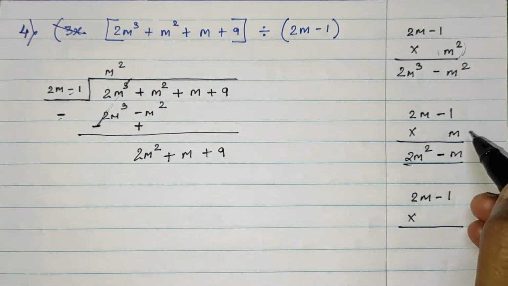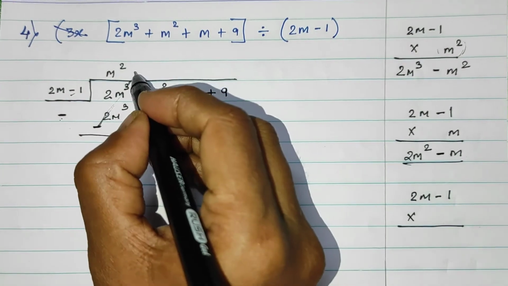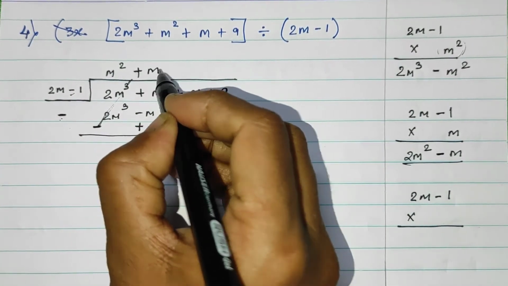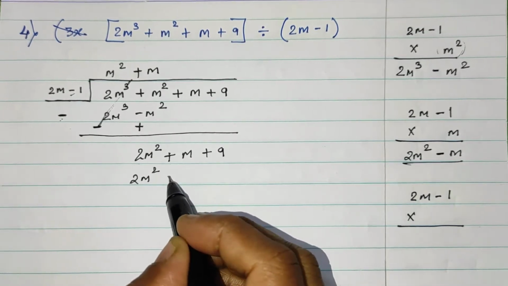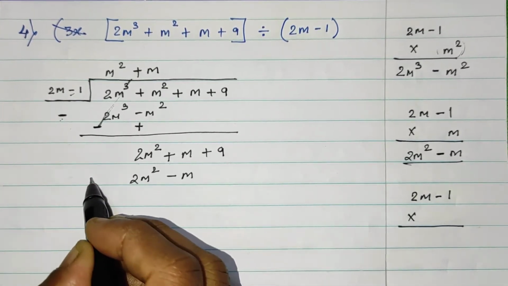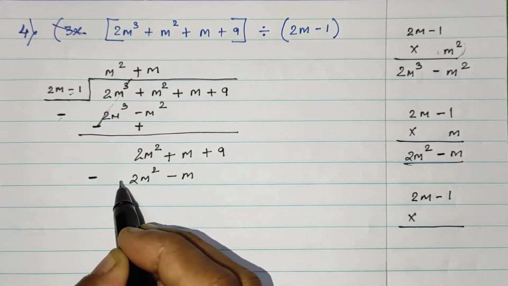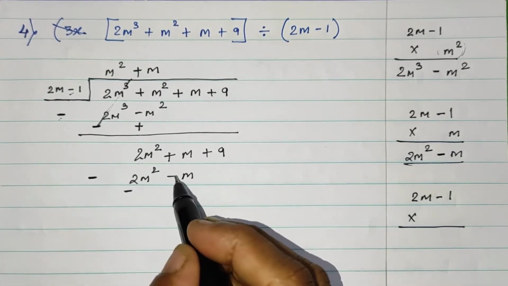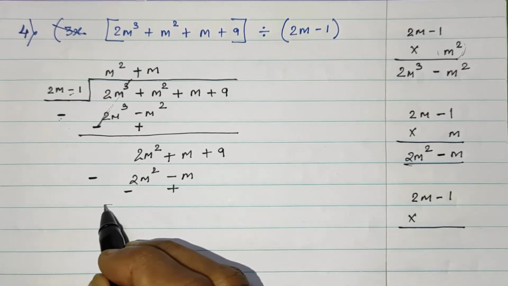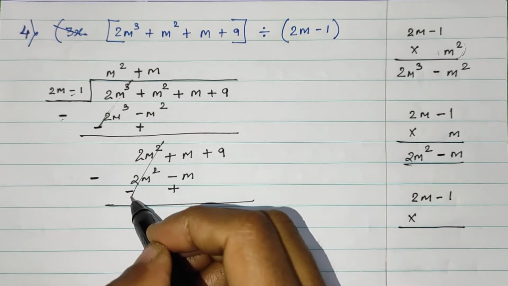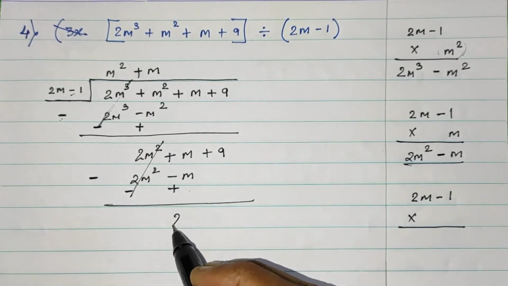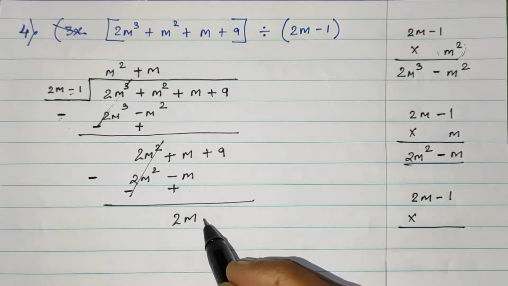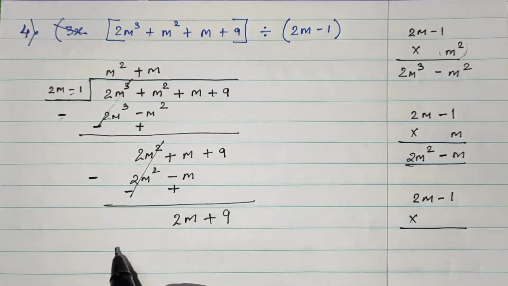Okay, so positive m multiply, you get 2m square minus m. So minus into plus, minus, minus into minus, plus. So this will get cancelled, positive and positive, 1 and 1, 2, 2m plus 9.